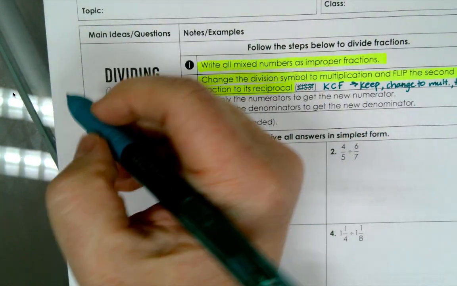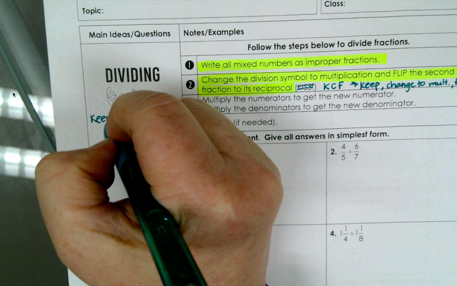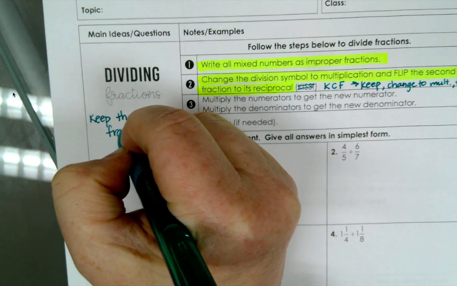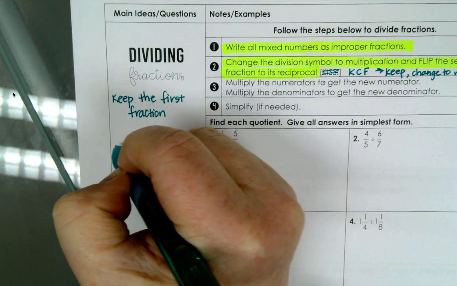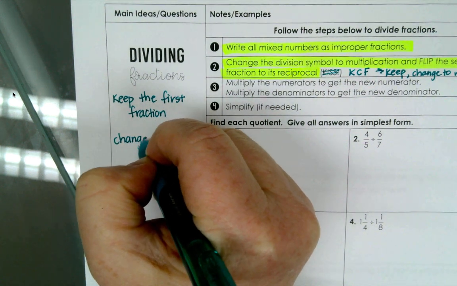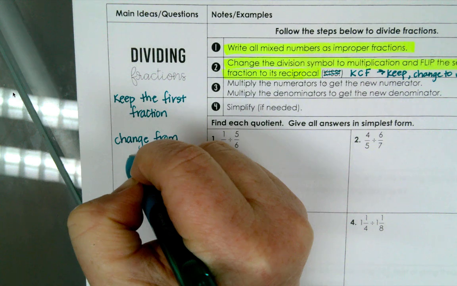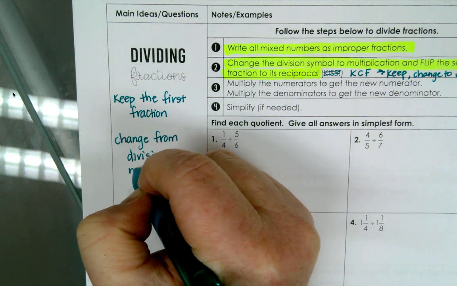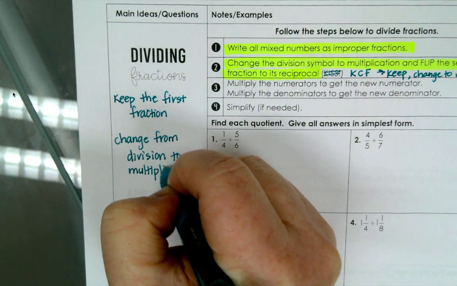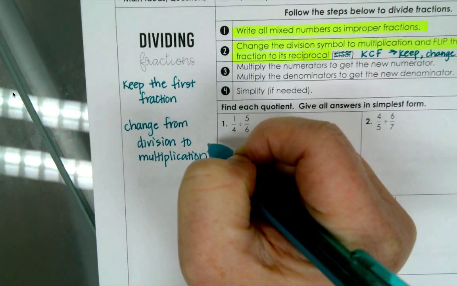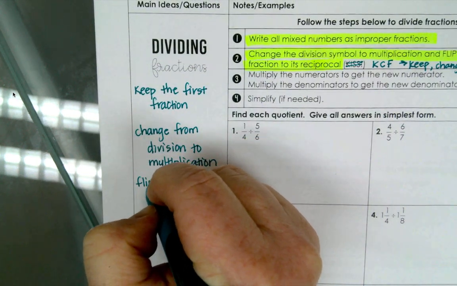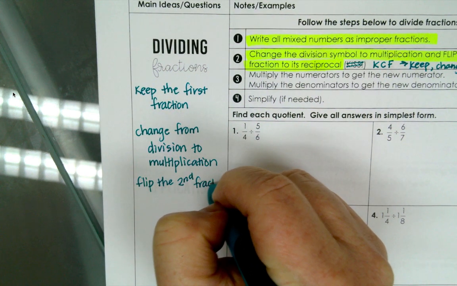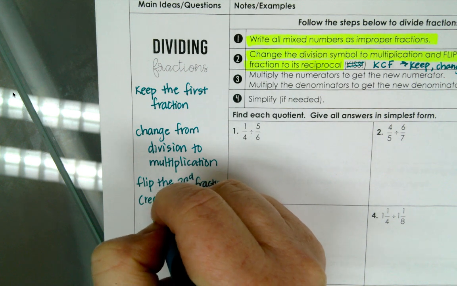So, keep the first fraction. Change from division to multiplication, and then flip the second fraction, which is the reciprocal.